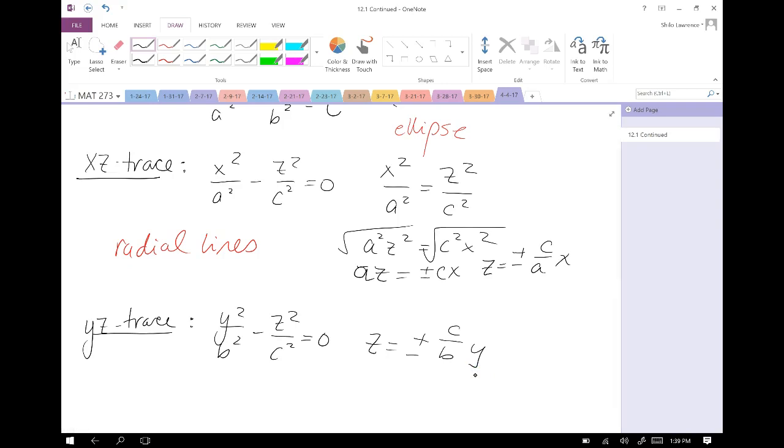So we've got another set of radial lines. The slope might be slightly different because of the B. It's in a different plane. It's in the YZ plane. So we've got these two sets of crisscrossing lines, and then we've got these ellipses.